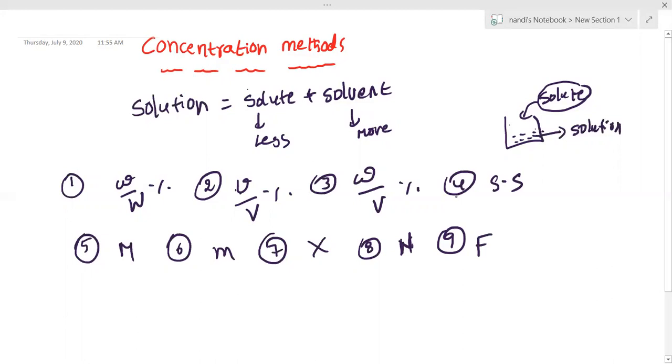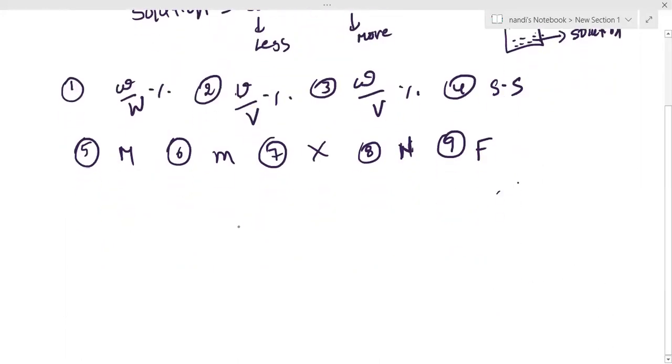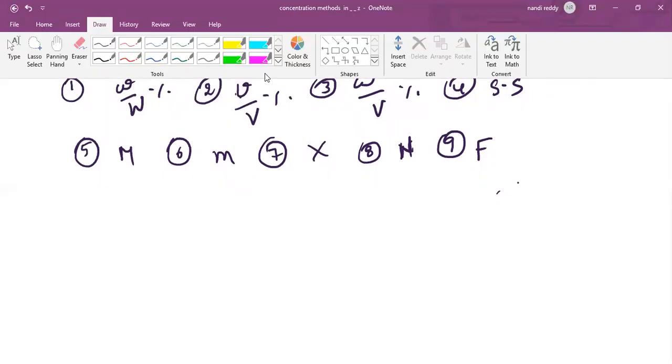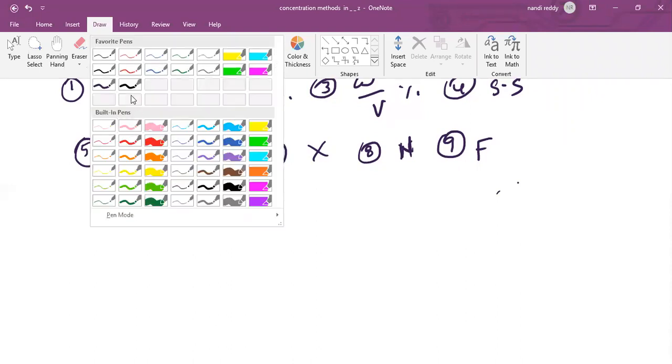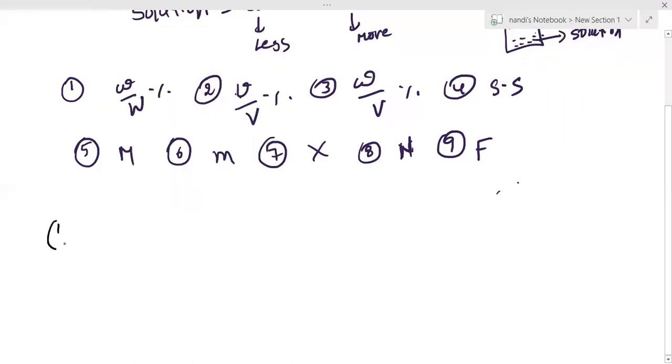All these methods have one target: in a given solution, how much solute is dissolved. So we are going to express different concentration methods and discuss them one by one. First one, W by W percent. I'm explaining in a very simple way, not exactly the book definition. How to understand it and how to apply it in an examination, that's what I'm going to explain here.